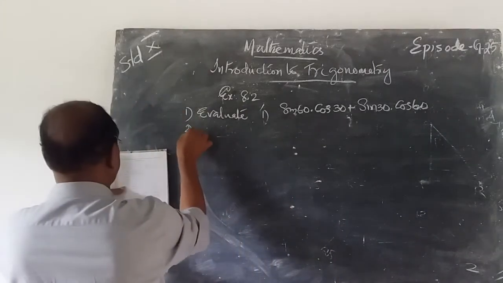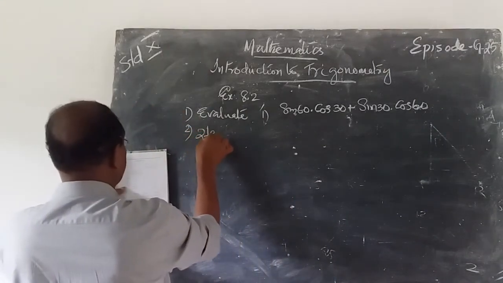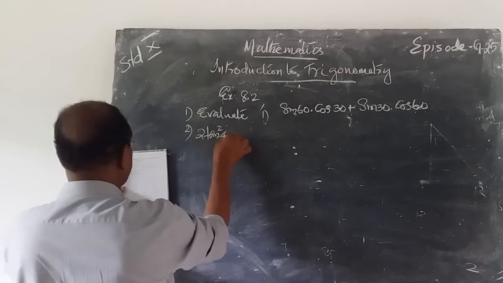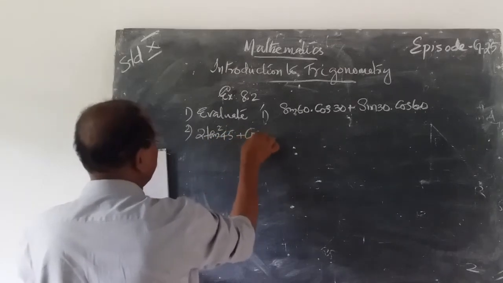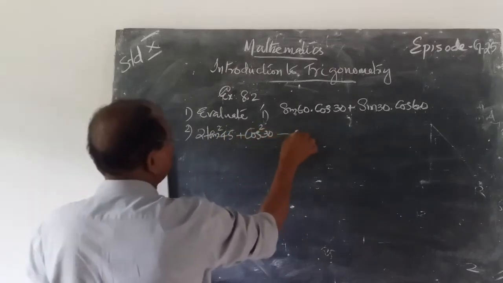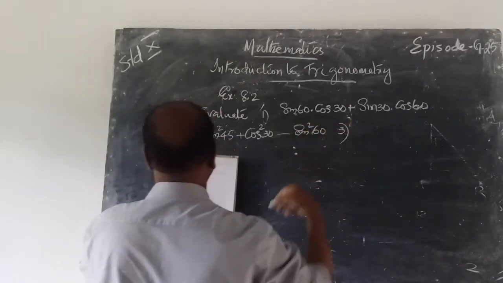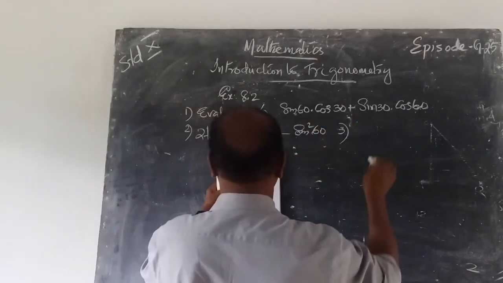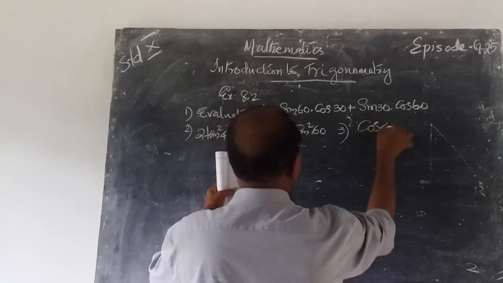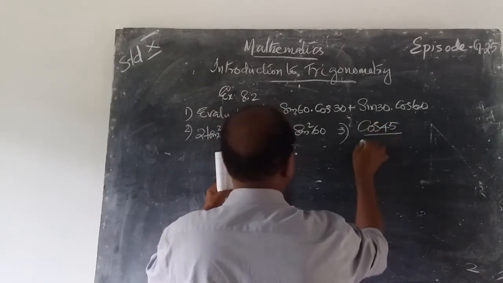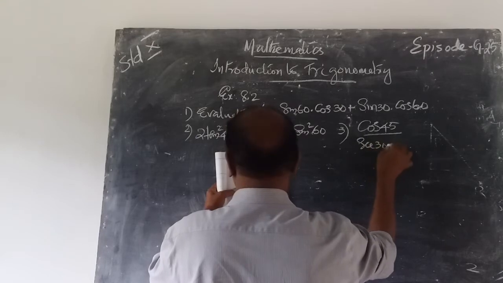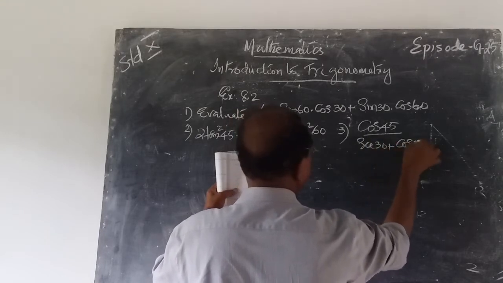Then the second question, 2 tan square 45 plus cos square 30 minus sin square 60. Then the third question, cos 45 by sec 30 plus cosec 30.